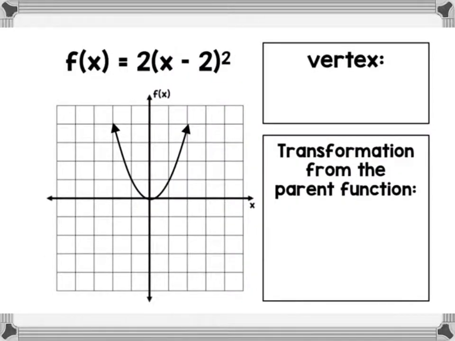So on this one, the next one, we actually have an A. So that means that A, I need to look and see, is it greater than 1? It is. So that means that this is going to be a narrower graph. So this has a vertical stretch of 2.